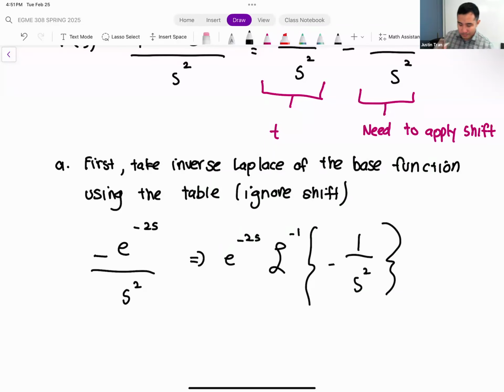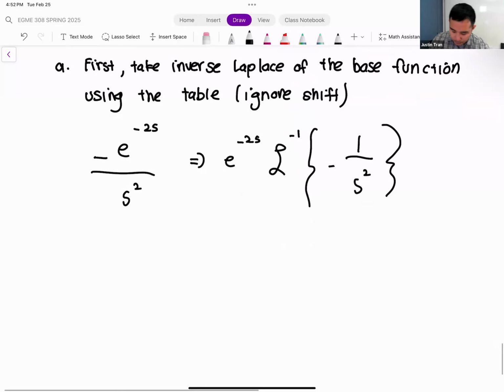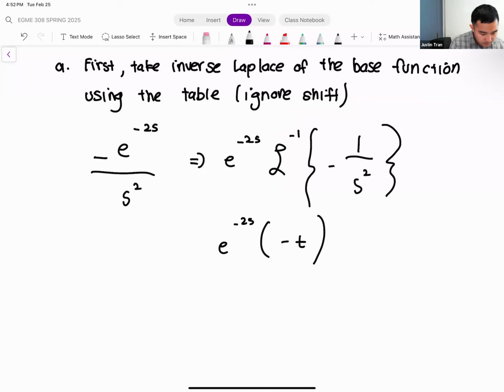Okay, the inverse Laplace of minus 1 over s squared, that's pretty easy. So that's just minus t. Inverse Laplace of this is just minus t.